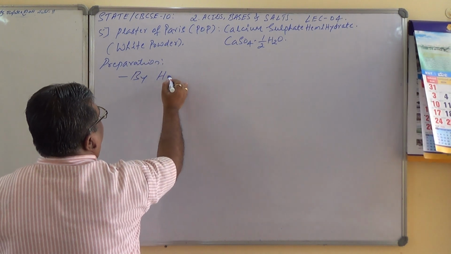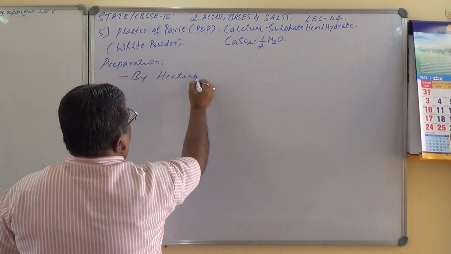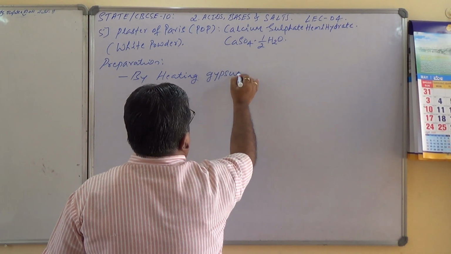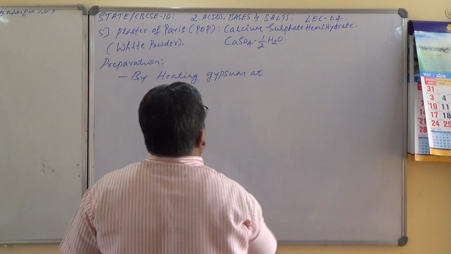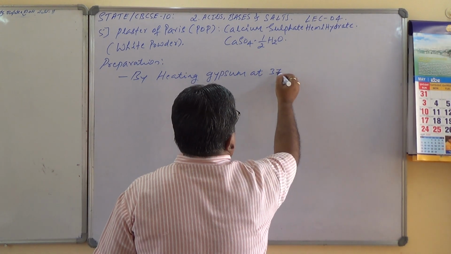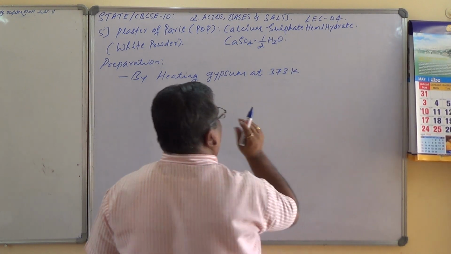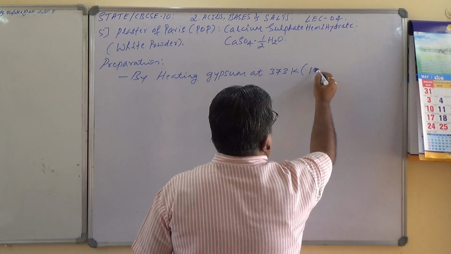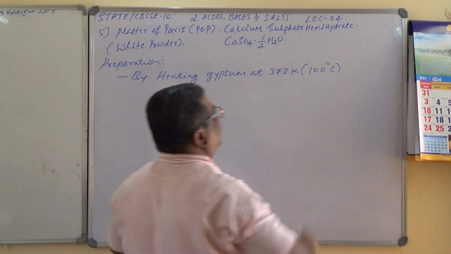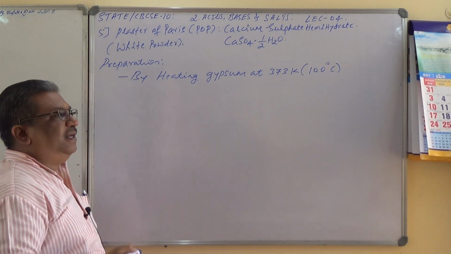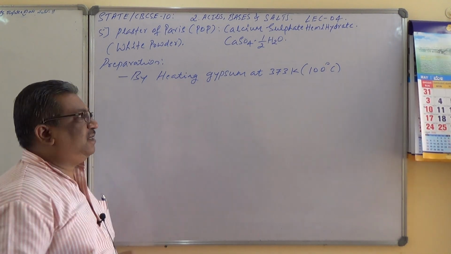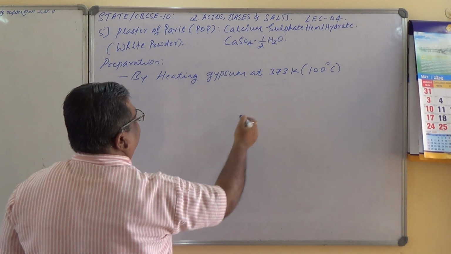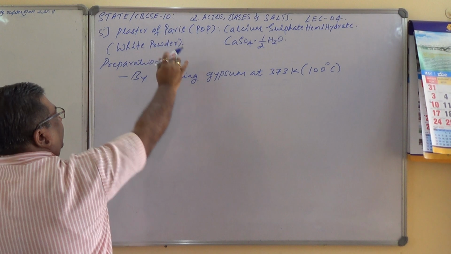By heating gypsum at 373 Kelvin, we obtain plaster of Paris. So how much is 373 Kelvin? 273 Kelvin is 0 degrees Celsius and 373 Kelvin is 100 degrees Celsius.